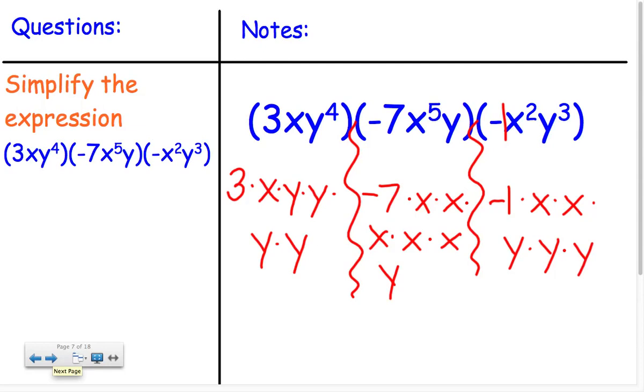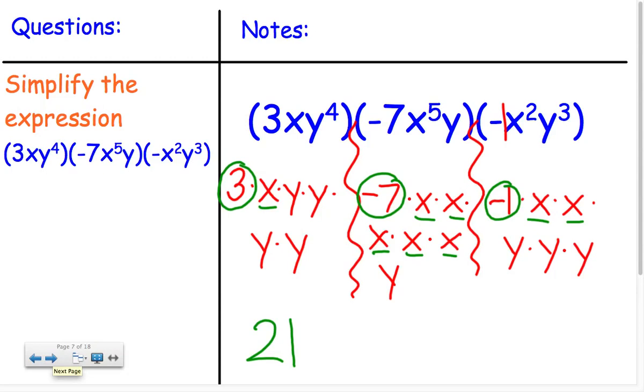All right, so now I've got a 3 and a -7 and a -1 to multiply. So 3 times -7 is -21. -21 times -1 is +21. I have 1, 2, 3, 4, 5, 6, 7, 8 x's. And 1, 2, 3, 4, 5, 6, 7, 8 y's. So my answer is 21, x to the 8th, y to the 8th.